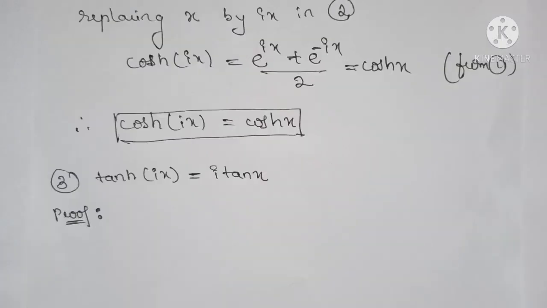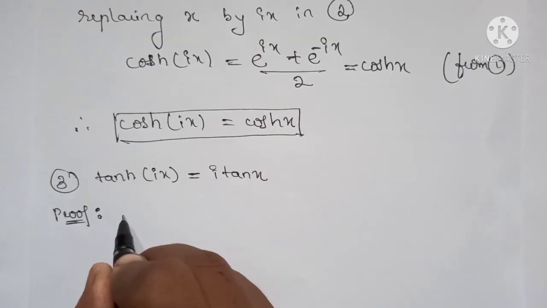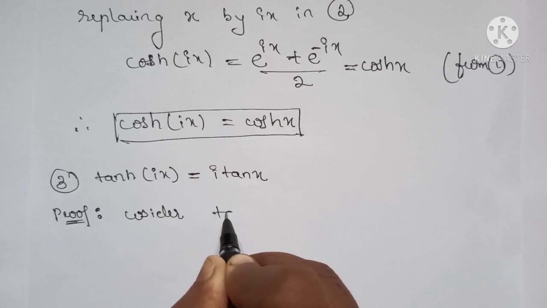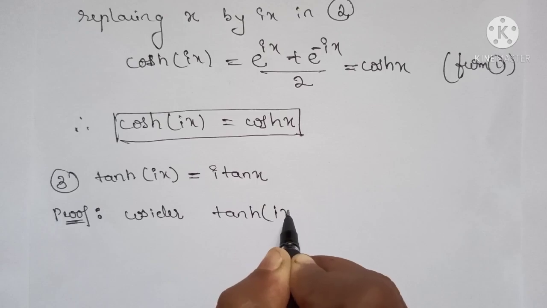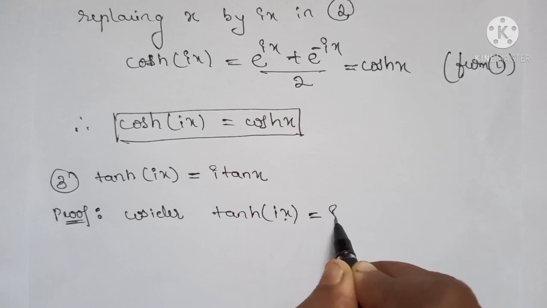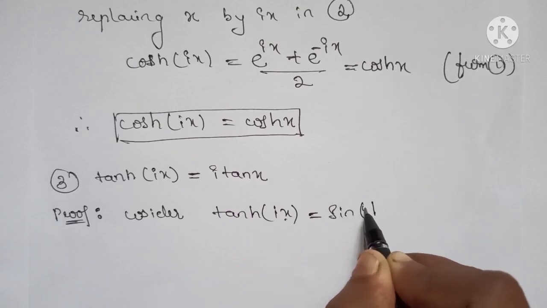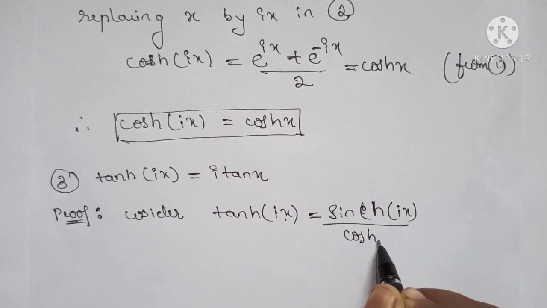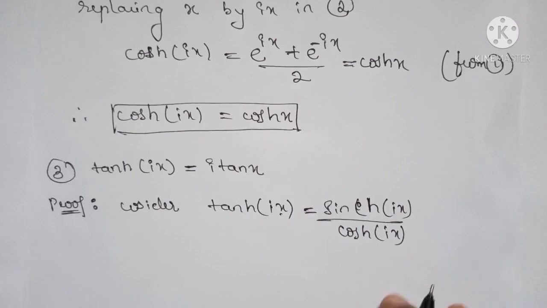Third one. Consider tanh ix. We can write it as sinh ix divided by cosh ix.